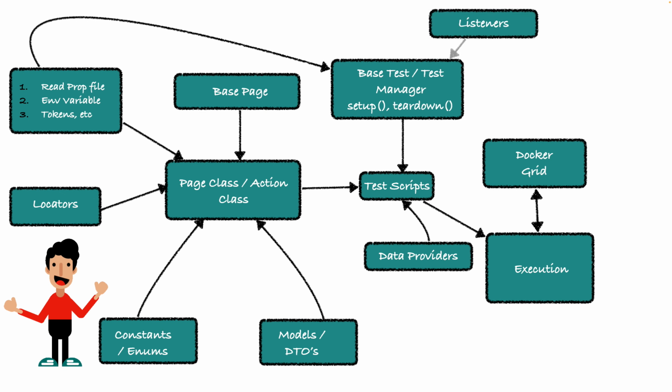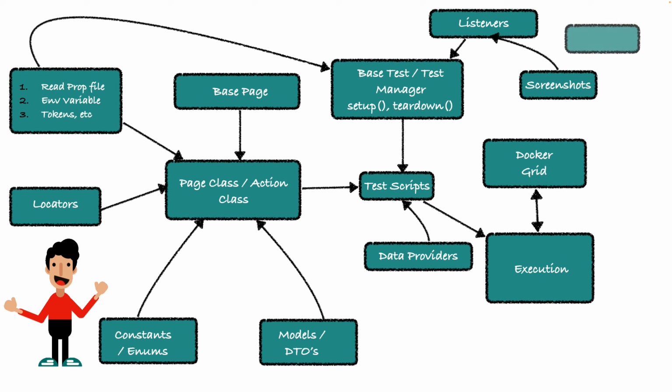Also the next component is the listener. Why do we need a listener? For example, let's say your test fails at certain point, and you need to take a screenshot. So you can add a screenshot implementation in the listener.